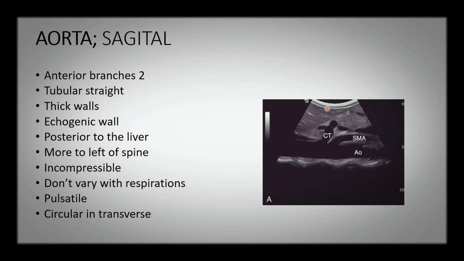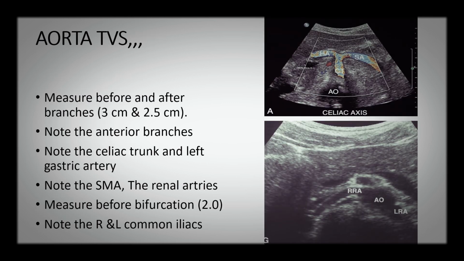We can see this is the liver, so it is posterior to the liver. When you're scanning from the midline, it lies slightly to the left of the spine. It is incompressible, doesn't vary with respirations, it is pulsatile, and in a transverse image it appears as a circular anechoic structure.